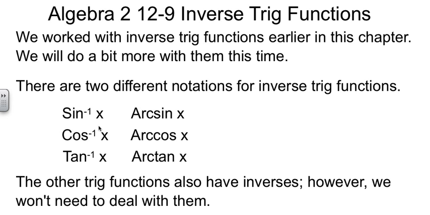I just want you to see the two notations because your book is going to use them quite a bit, both of them. There are, again, such things as inverse cosecant, inverse secant, and inverse cotangent. But we don't have to worry about them. Our calculators don't deal with them, so we won't have to. You may later in life, like in college math, but for now it's not going to be a problem.